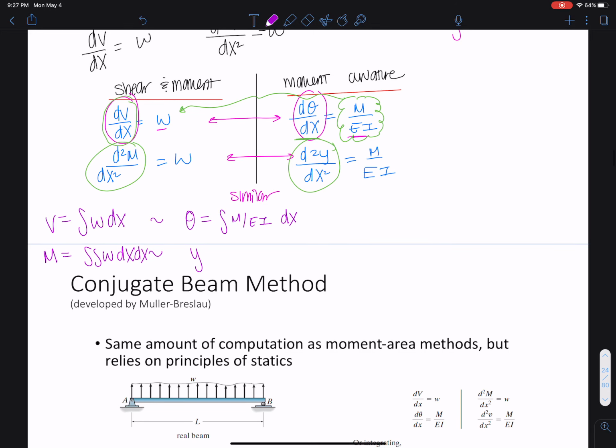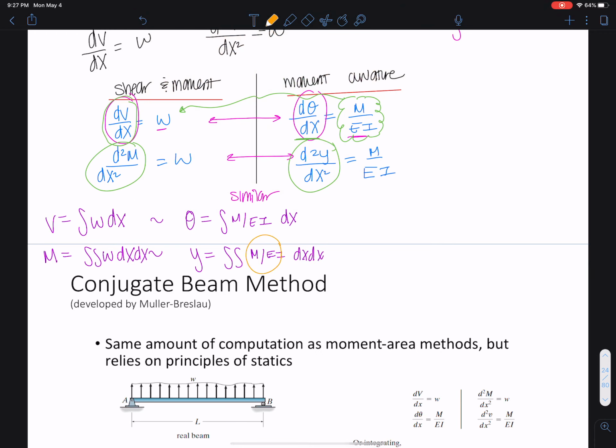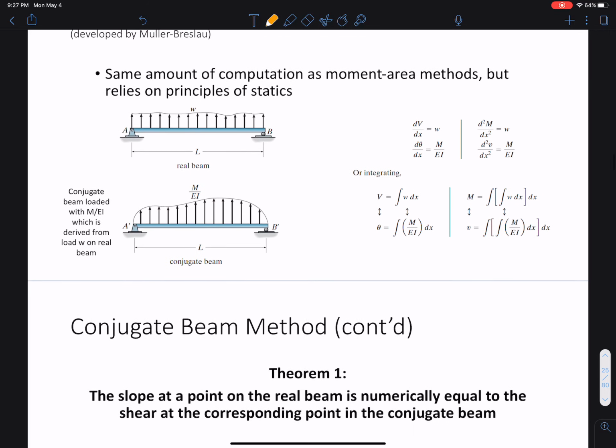And then we have y, which is displacement, which is the double integral of M over EI dx. So if we make this the load, all we have to do is statics to get the slope and displacement.